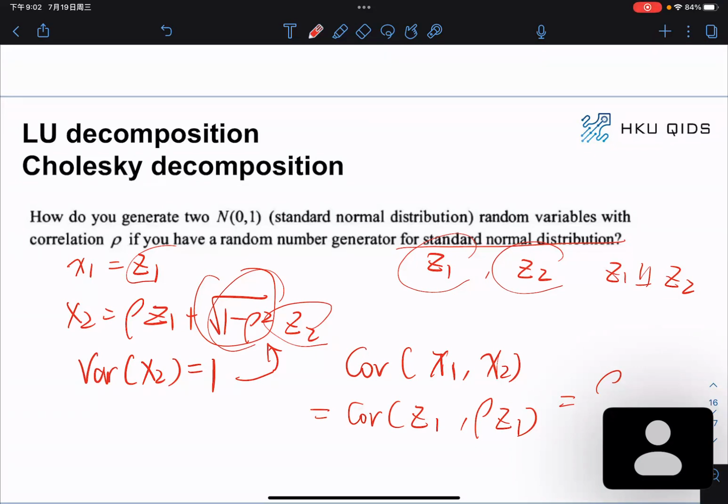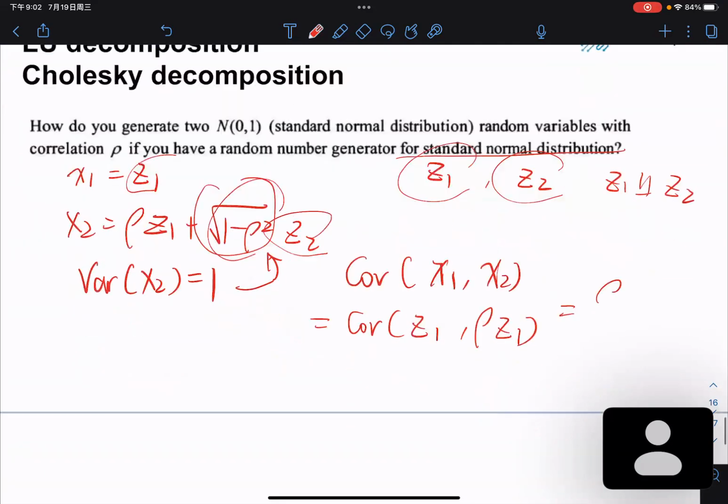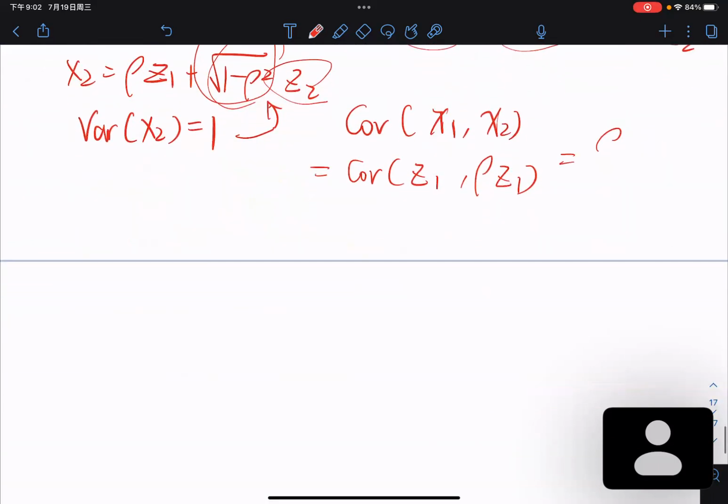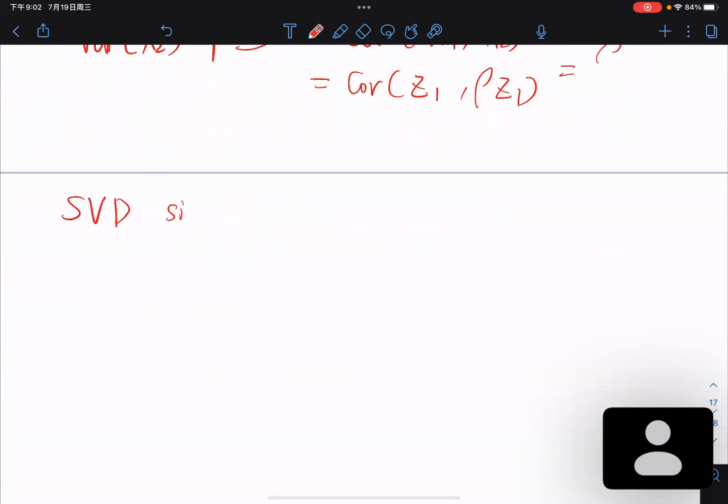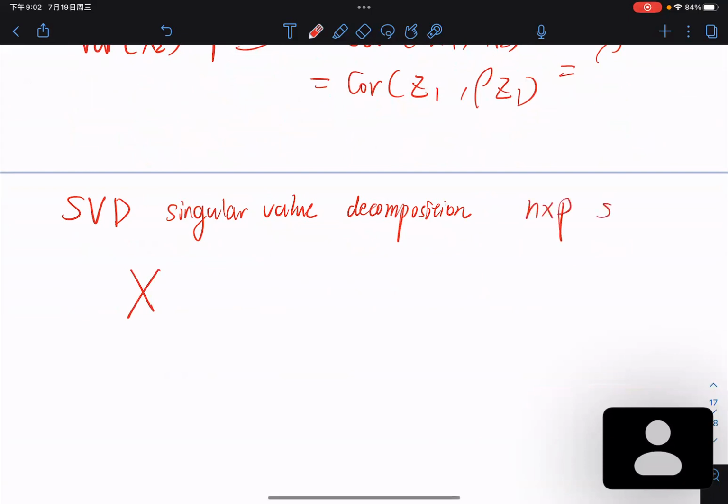But in another way, if you already know PCA, you may also come up with the idea of SVD, which we call singular value decomposition. So we are trying to separate an N multiplied by P matrix.